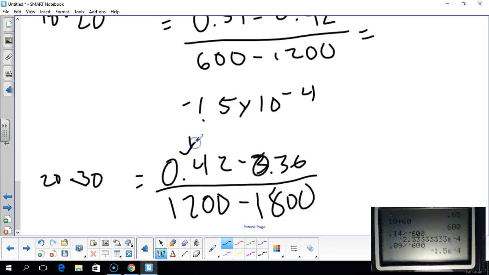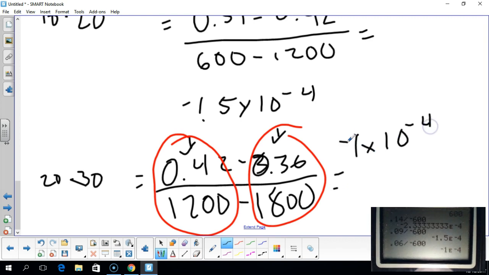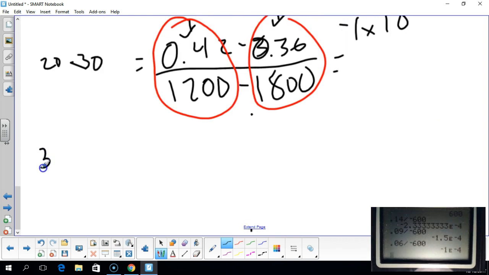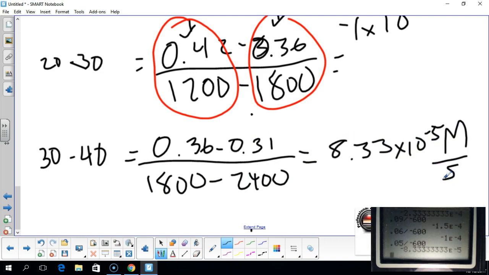Again, this is our 20-minute and this is our 30-minute data, both on the top and the bottom. Now we do the math, and the same thing for 30 to 40 minutes. So there is part B.